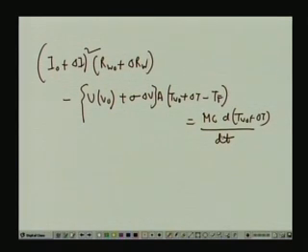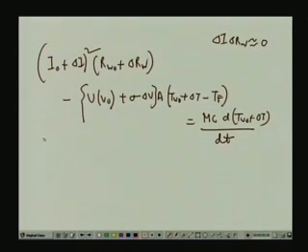I can simplify this equation, neglecting all the multiplications of terms like delta I, delta RW. These are all quite small, so we can neglect them; we are assuming these are equal to 0.